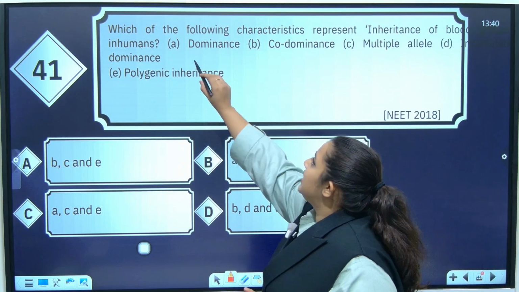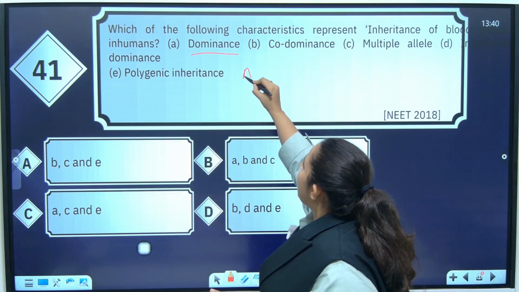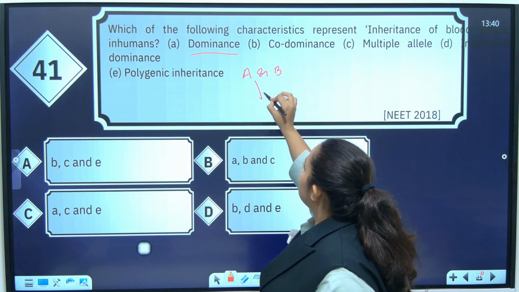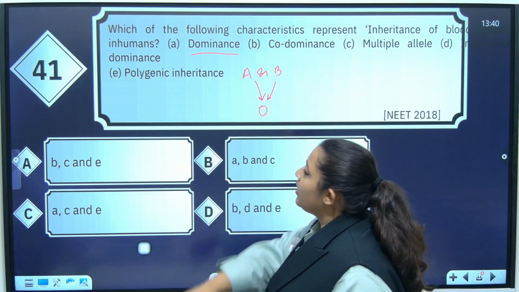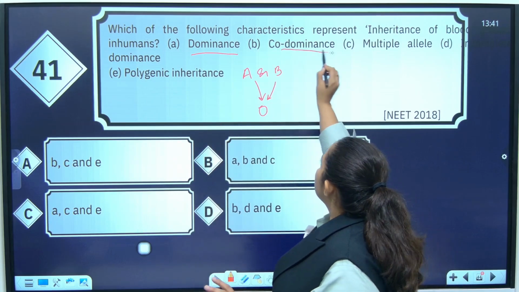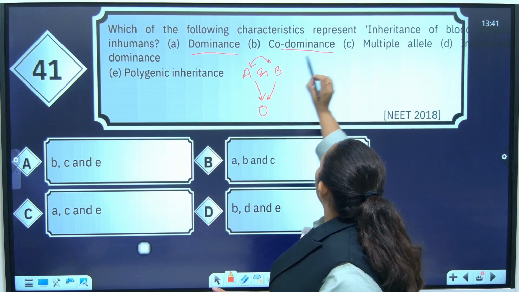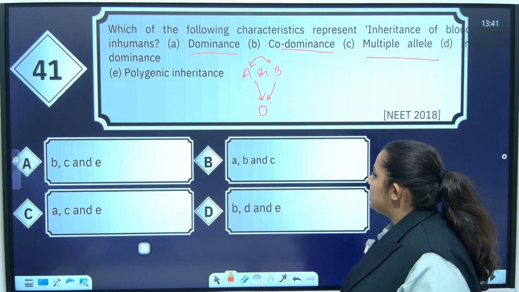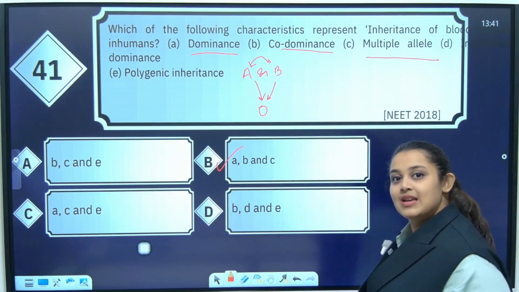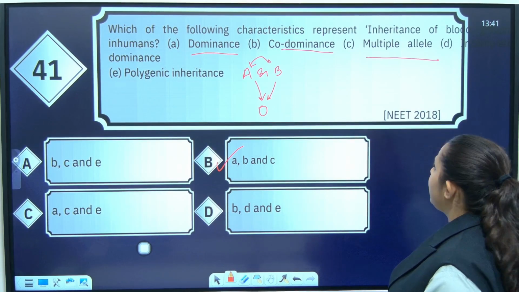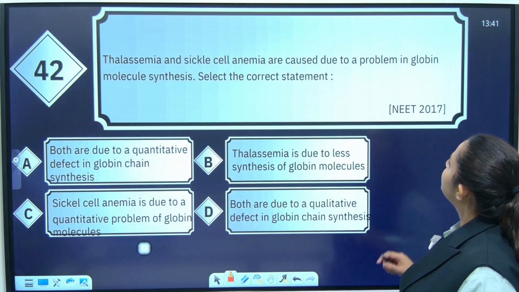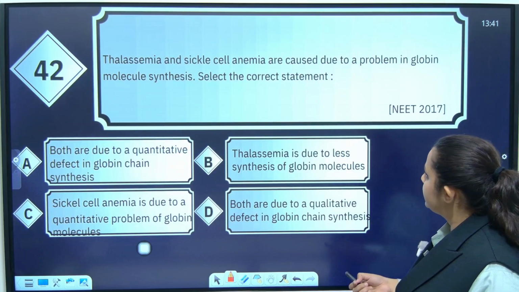Now, firstly, dominance is seen because A and B are codominant, but they are completely dominant over O. Codominance is seen between A and B, and obviously multiple alleles are also seen. So A, B, and O are seen. Option is B.